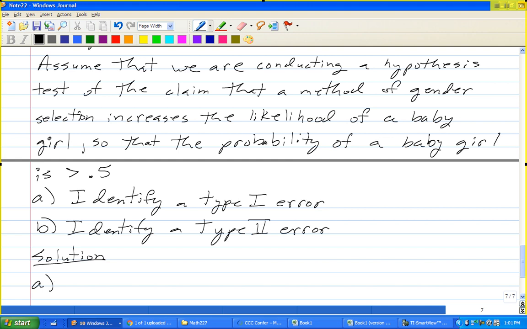So a type 1 error is the error of rejecting a true null hypothesis.